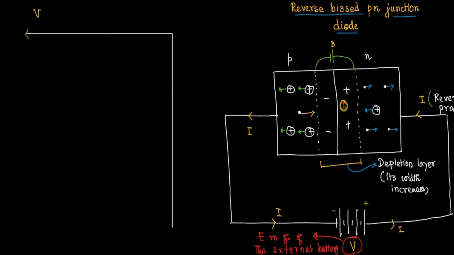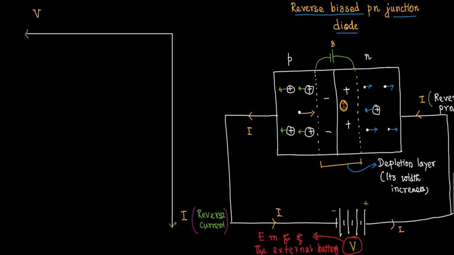Along the negative y axis, the vertical axis, reverse current I is plotted. I is the reverse current, which is plotted along the vertical direction.